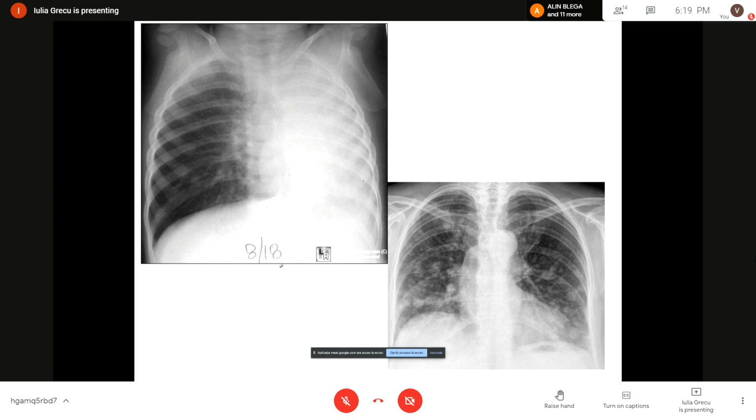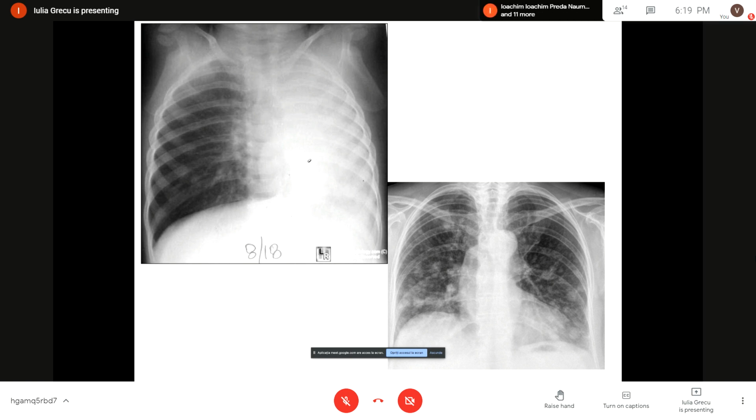We will discuss opacities, lucencies, and mixed images. Just to be a little bit familiar with these notions, I would like to point out some examples and what they mean.